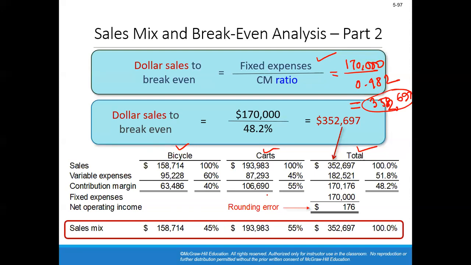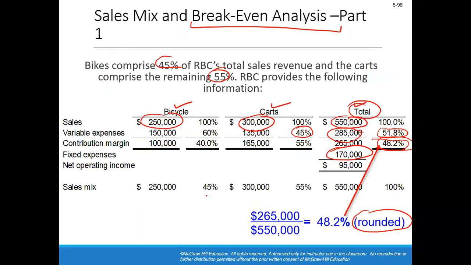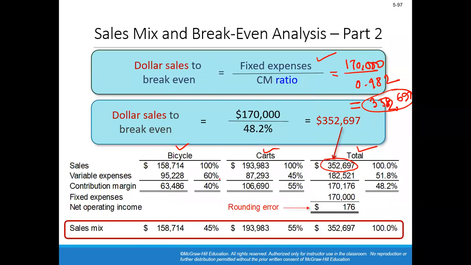If the break-even sales is 352,697, how much of its sales should come from bicycle and how much from cart? The number is, again, based on the sales mix we used in the previous case, the 45% and the 55% for bicycle and cart respectively.